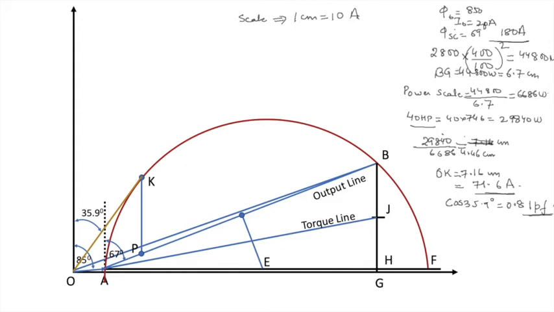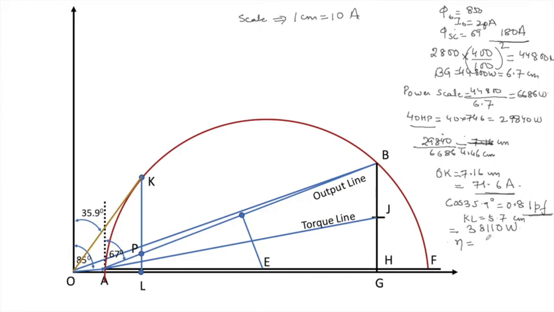Now we will find the maximum power input, that is KL, which gives the maximum power input. Your KL is equal to 5.7 centimeter. When we convert it into the power scale, it comes out to be 38110 watts. This means the power input is 38110 watts. Therefore, the efficiency will be output by input.